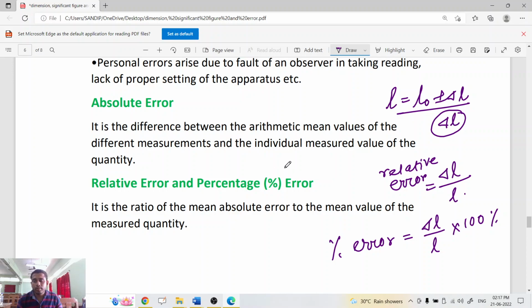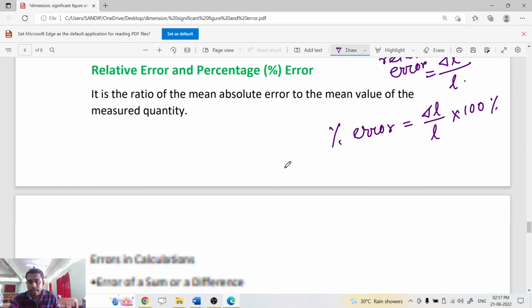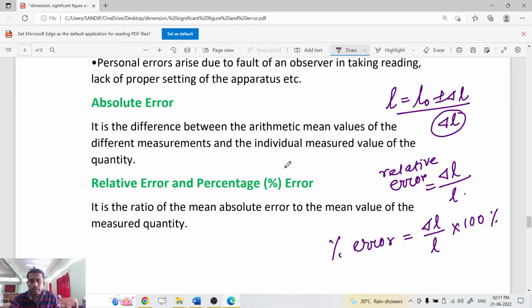So in general you have to remember three things: first absolute error, second relative error, and third percentage error. Here you can easily see what absolute error is. Simple, it is the difference between the arithmetic mean value of the different measurements and the individual measured value of the quantity. So this is the definition of absolute error.